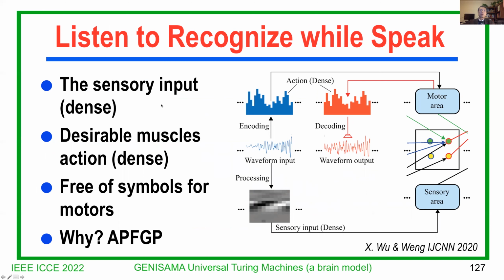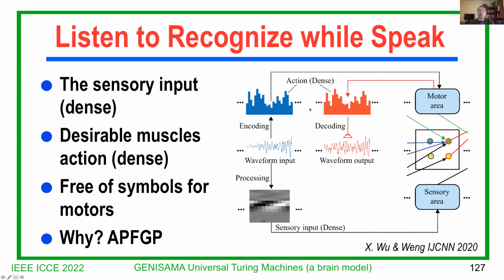So you speak and listen to recognize at the same time. The sensory input is dense, basically what you hear, and you use that to develop a motor area. The developed muscle action is dense over here, and free of symbols for motors.